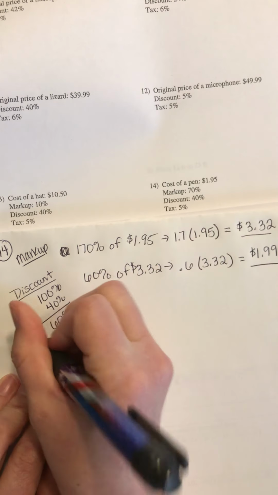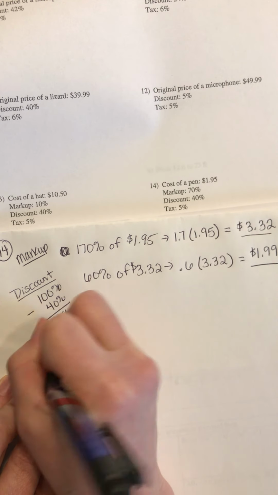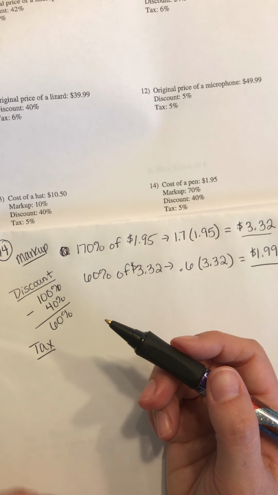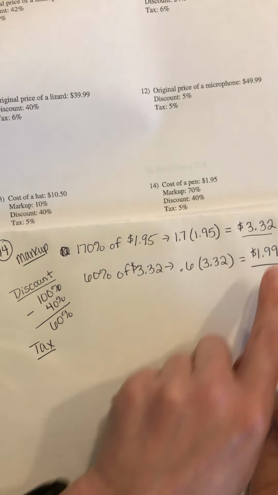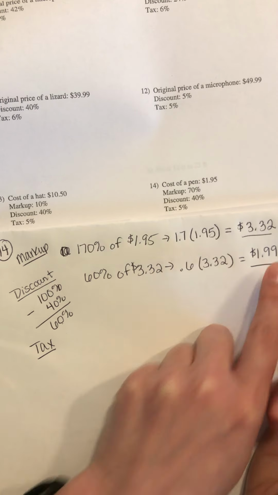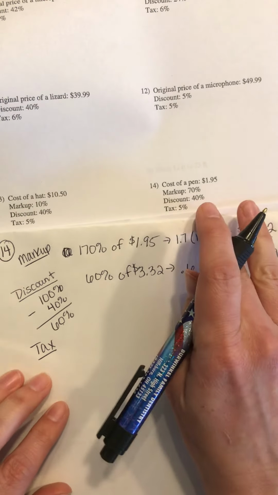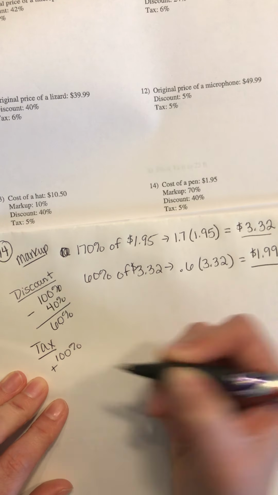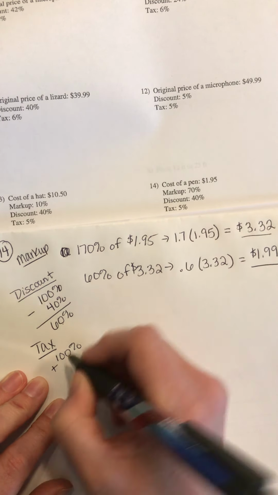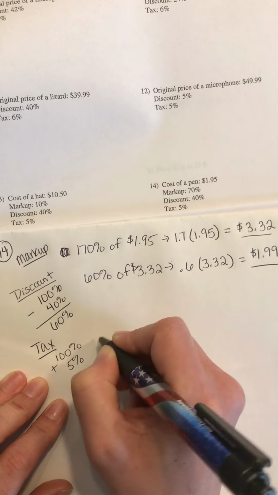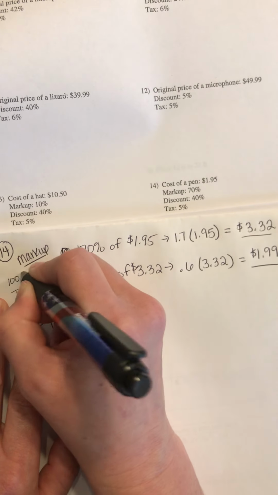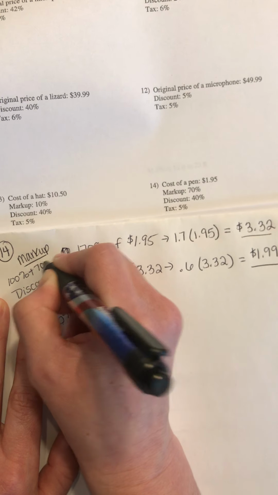All right, now find our tax. Okay, this is why we don't want to just combine all those percentages together, because we're only paying that 5% tax on this $1.99. Okay, so we're paying 5%. So this time we're paying 100% plus that 5%. Okay, so similar to the markup. That 170 came from 100% plus the 70%.